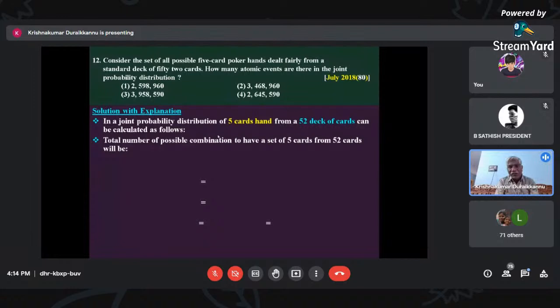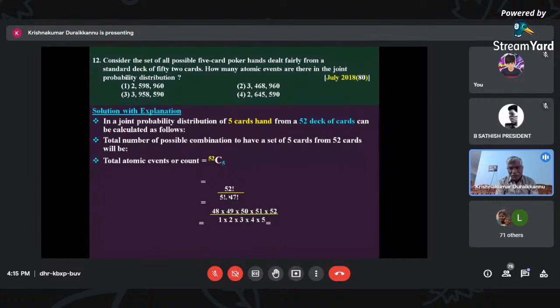So 52C5, an nCr problem. Here r is 5. 52 factorial divided by 5 factorial into n minus r factorial, 52 minus 5 factorial, which is 47 factorial. Then we can apply the formula.